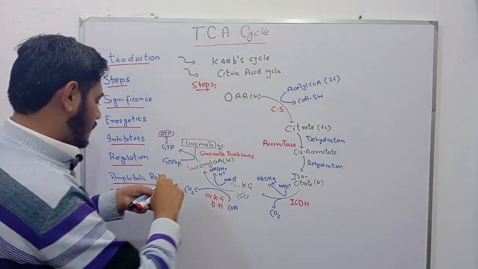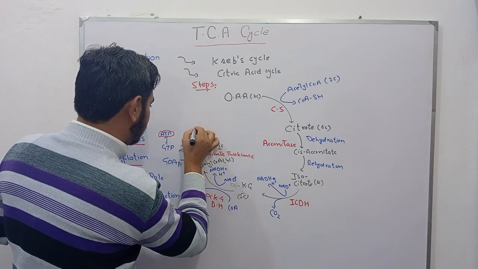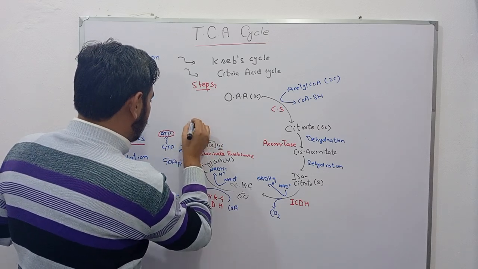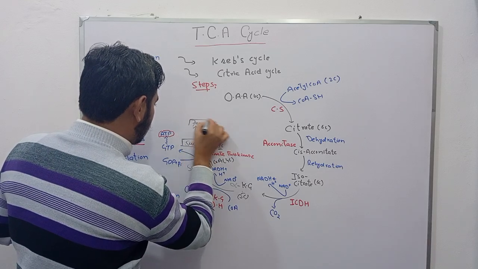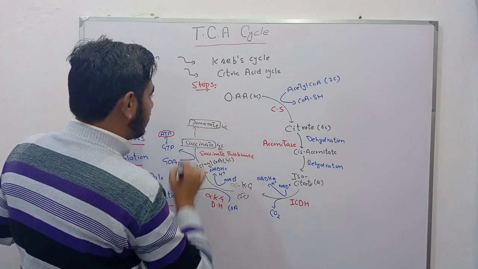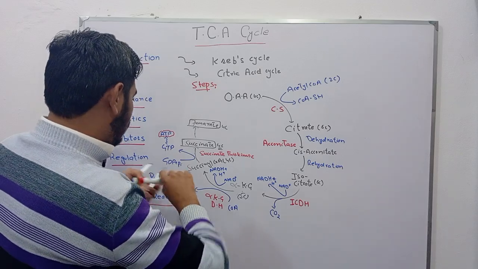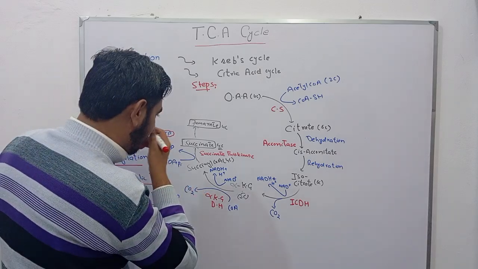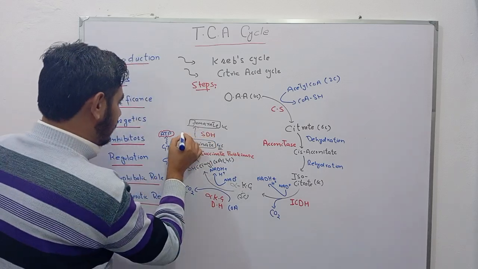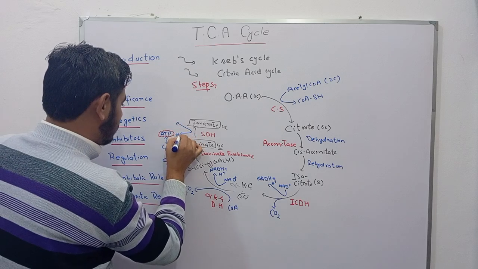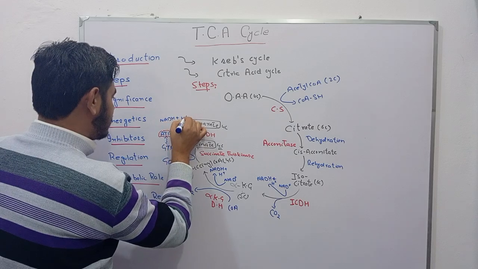succinate thiokinase. This succinate converts in the next reaction into fumarate, again a 4 carbon atom containing compound, with the help of succinate dehydrogenase enzyme, and here NAD plus converts into NADH and H plus.